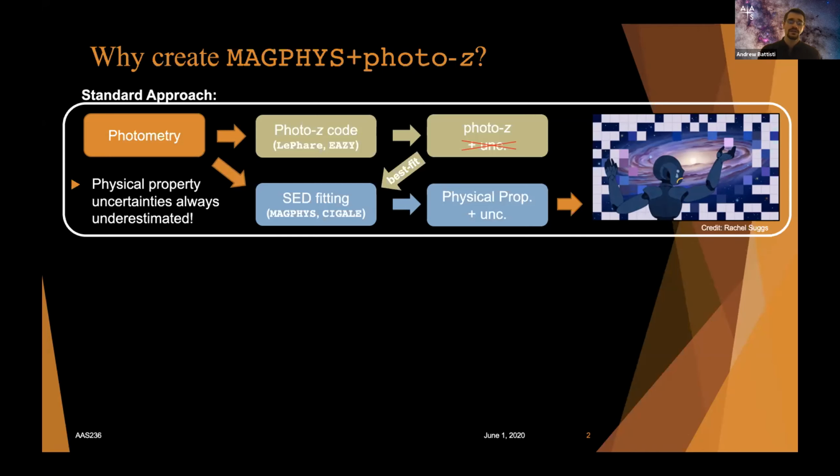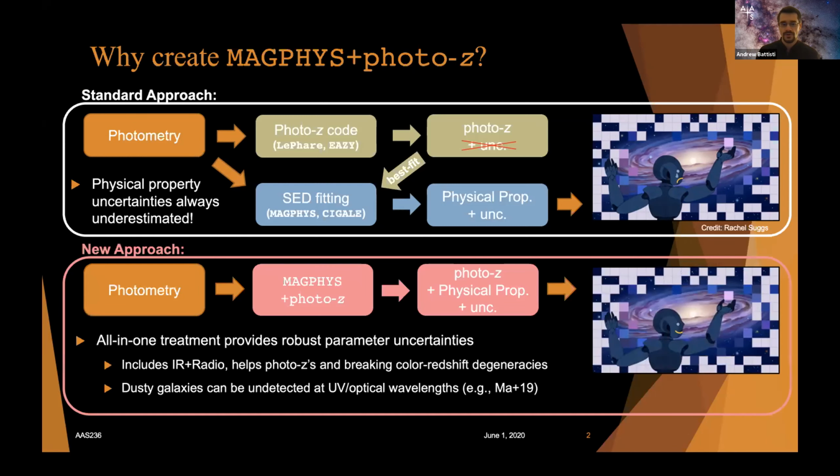But in that approach, you're effectively throwing away your photometric redshift uncertainties, and so your physical property uncertainties are always underestimated. In our new approach, we're doing this as an all-in-one treatment, where we simultaneously constrain the photometric redshift as well as the physical properties in order to provide robust parameter uncertainties.